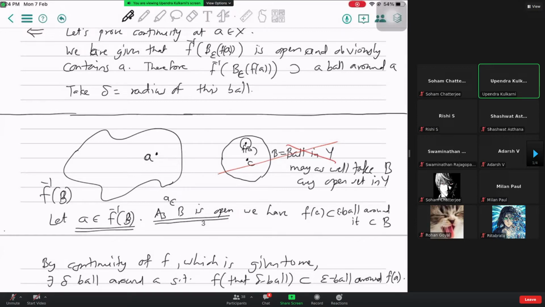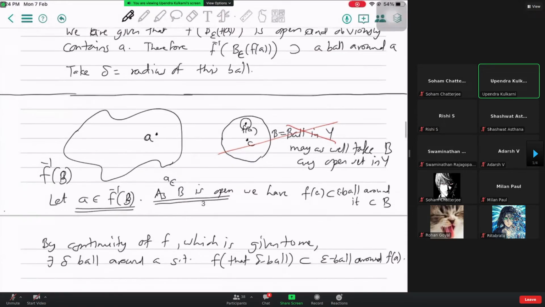Okay, so just 1 second. Such that f of that, but that's exactly saying, i.e., such that f inverse of the epsilon ball around f of A contains the delta ball around A. But that's exactly what it means to show that f inverse of B is open.